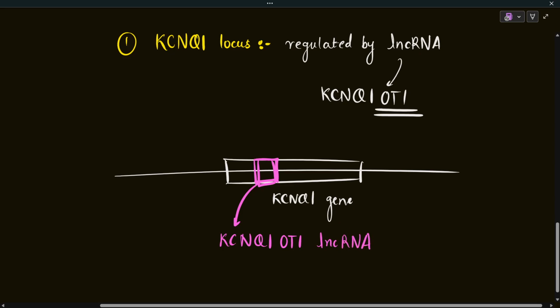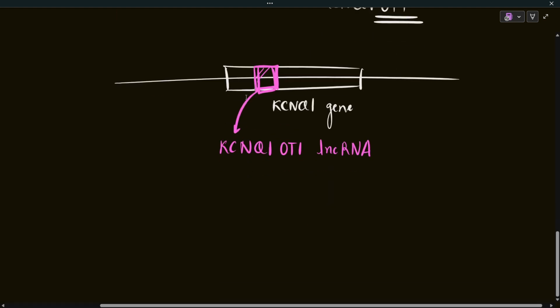This KCNQ1 gene is present on both the maternal copy as well as the paternal copy. The OT1 gene will also be present, but it will be either methylated or unmethylated depending on whether that genome is part of the maternal genome or the paternal genome.